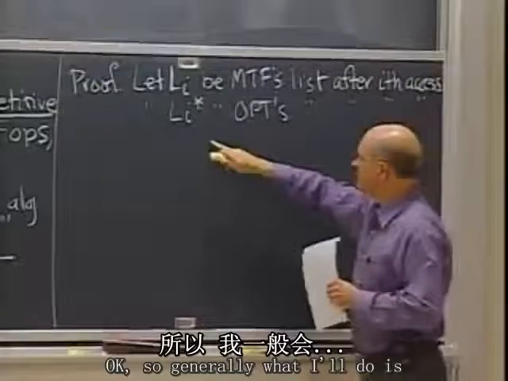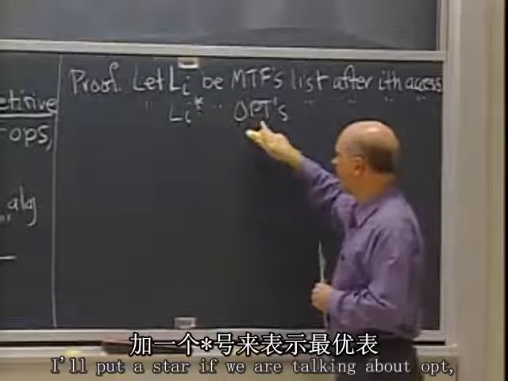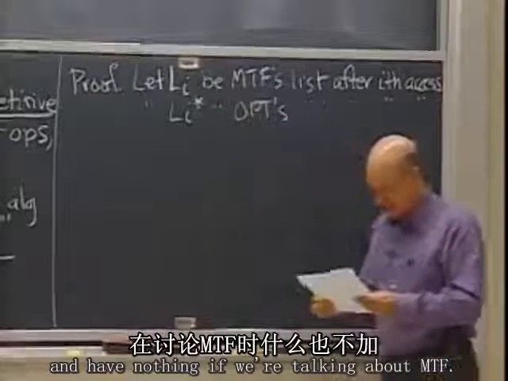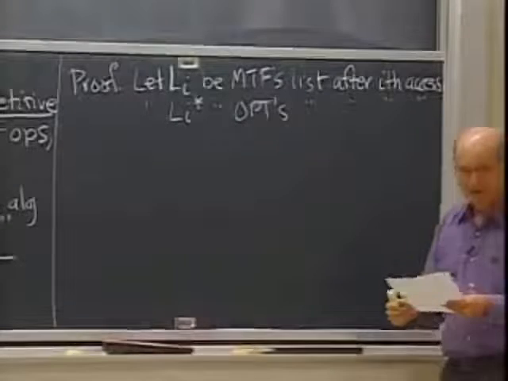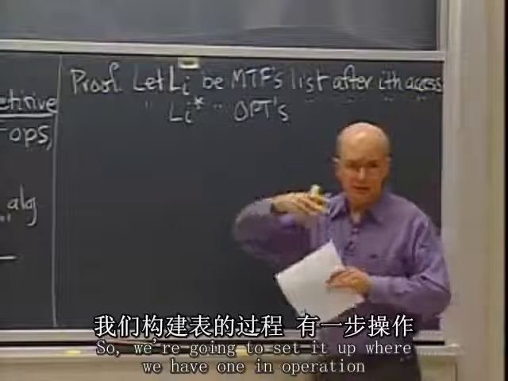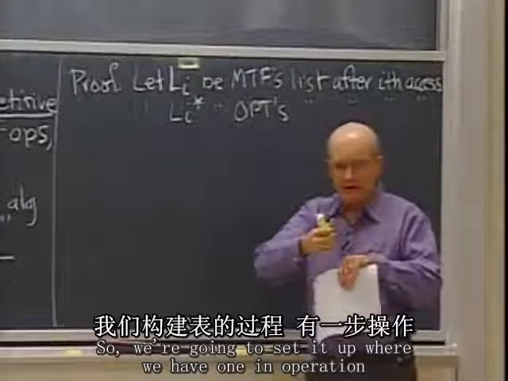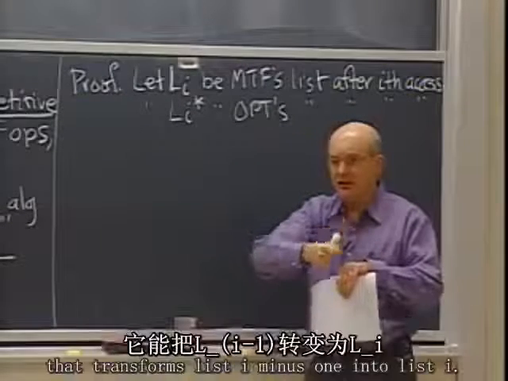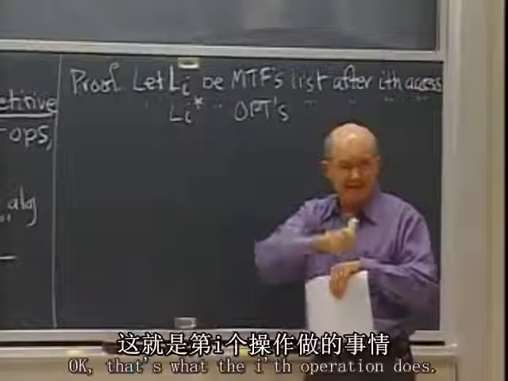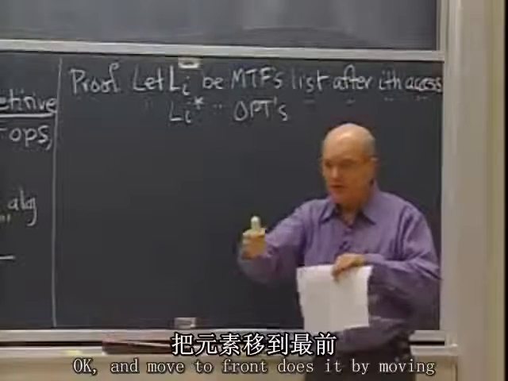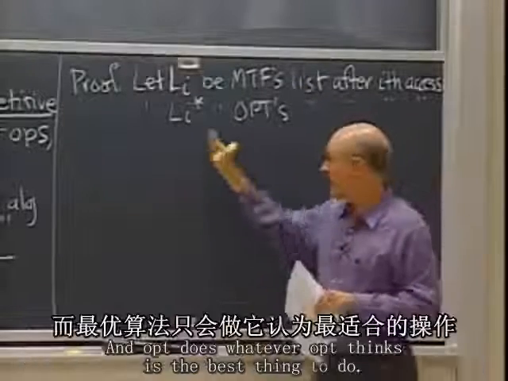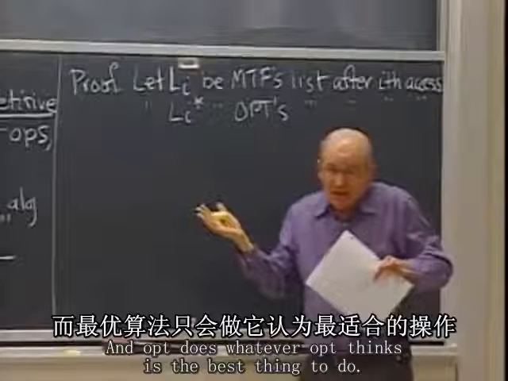Okay, so generally what I'll do is I'll put a star if we're talking about OPT and have nothing if we're talking about MTF. Okay? So that's going to be the list. So we're going to set it up as where we have an operation that transforms list I minus 1 into list I. Okay, that's what the ith operation does. Okay, and move to front does it by moving whatever the thing that was accessed to the front. And OPT does whatever OPT thinks is the best thing to do.